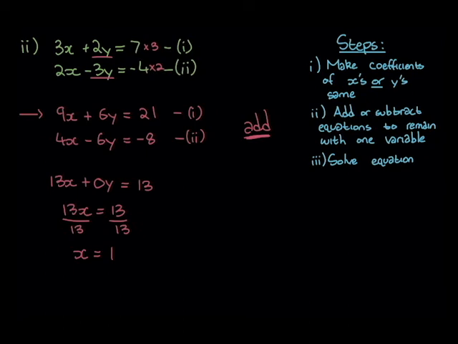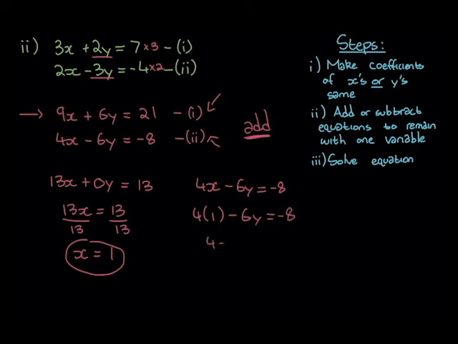Now we can plug this x back into either equation. In this case, I'll pick the second equation, 4x minus 6y is equal to negative 8. Plug 1 in for x, and I get 4 minus 6y is equal to negative 8.